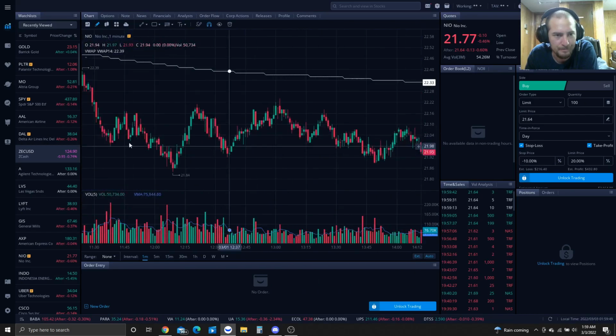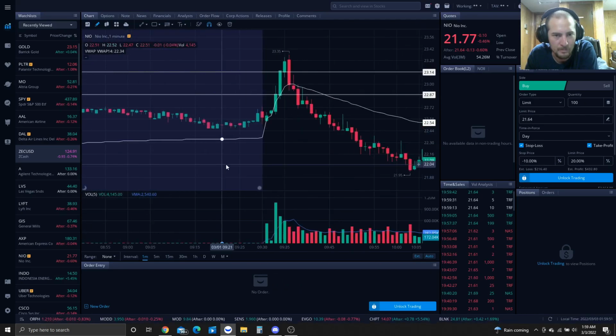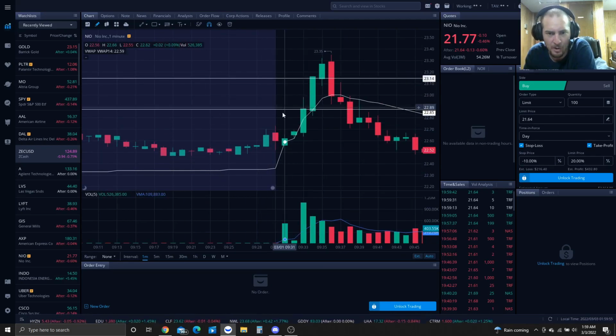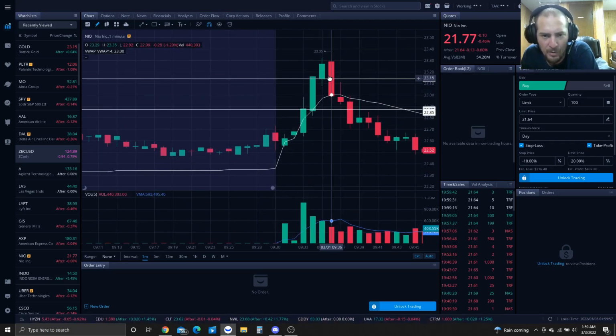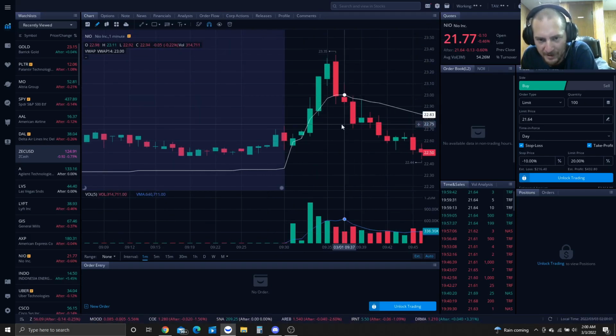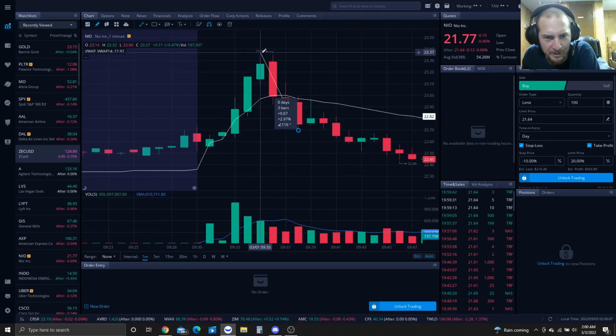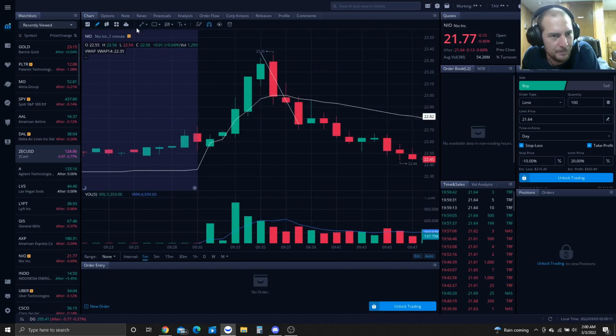So right here's another good one. You get this strong rally into open, and then the price quickly shoves back down under VWAP, and then this 1 minute candle here pushes up to VWAP, right? So you trade through here, then you push back up into VWAP, right?